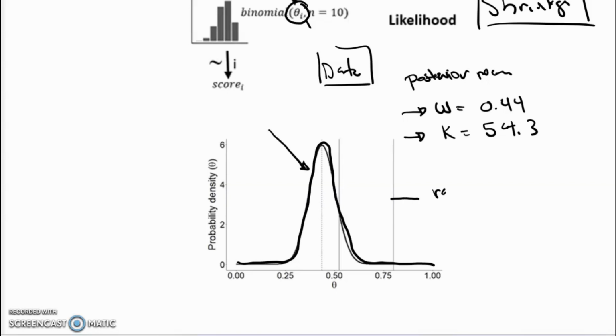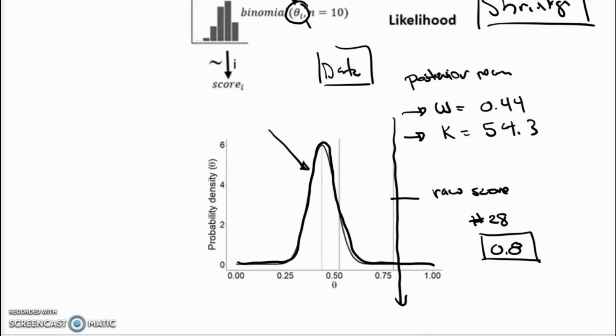This is the raw score of student number 28 with score proportion of correct answers of 0.8. So there's 0.8 right there, and there's our prior. There's our prior with its mode at 0.44.